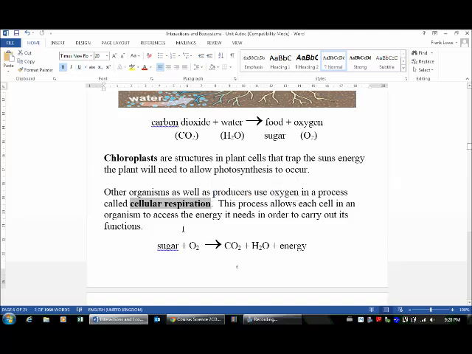Okay, so this happens in the cells of plants, and it also happens in our cells as well. In cellular respiration, we take sugar, whatever it is that is our food source, and oxygen.